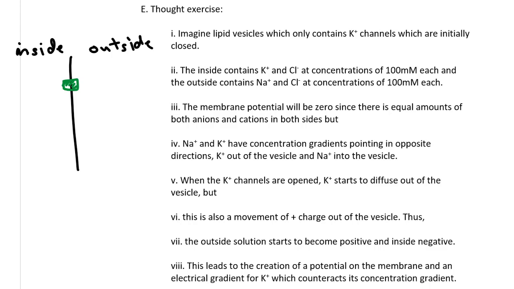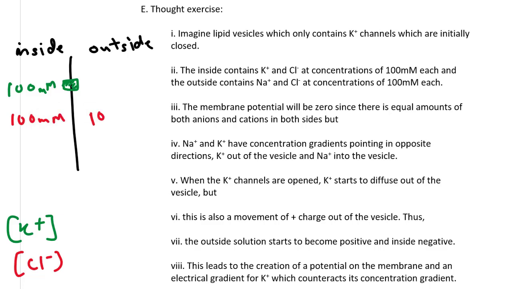So we're going to have potassium concentration in green, 100 millimolar, and Cl- we'll have in red, 100 millimolar, both outside and inside. And then we have sodium, which we'll have in purple, at 100 millimolar.